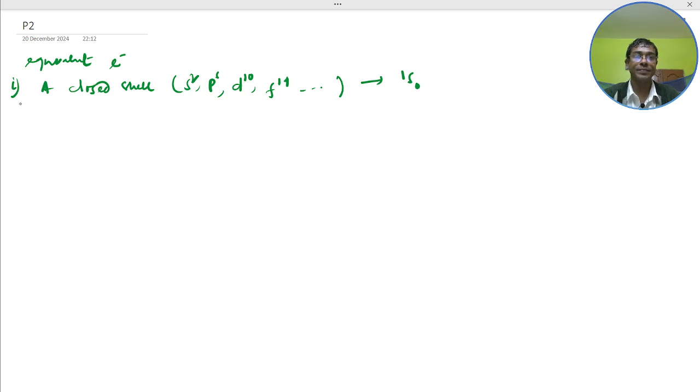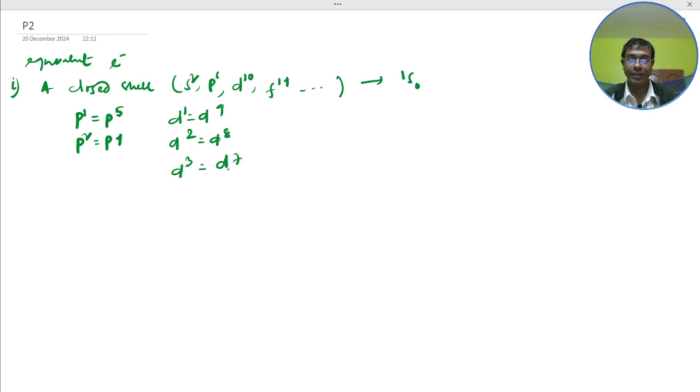Second one, suppose p1 is equivalent to p5, p2 p4, d1 d9, d2 d8, same energy level, d3 d7, d4 d6.